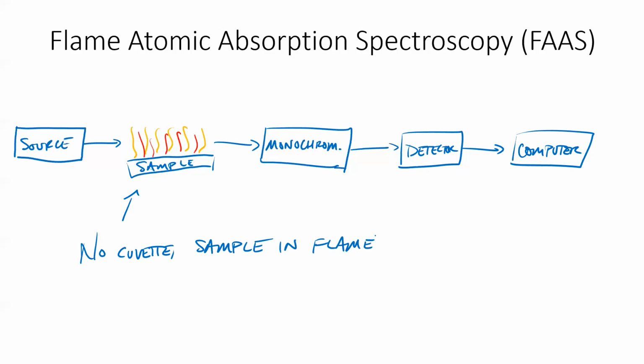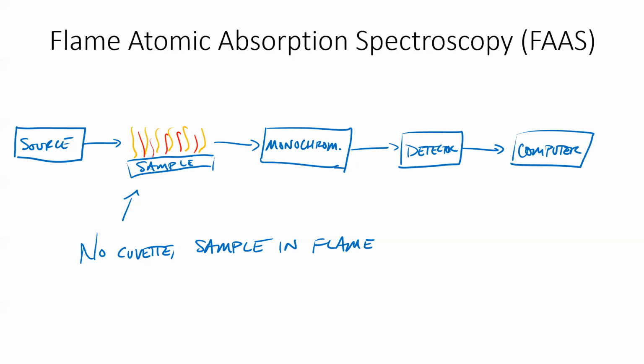And the heat of the flame is what we use to break down that molecule into its constituent atoms, right? That's how we get elemental information from a molecular sample. We'll come back and talk more about each of these pieces in a bit, maybe today, maybe Wednesday.